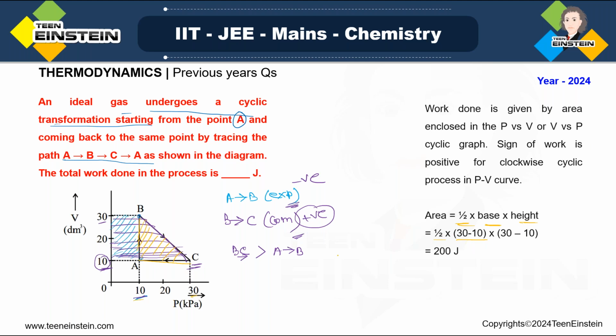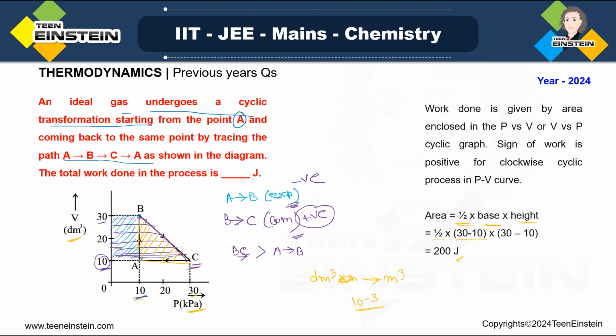Now here try to understand the unit. Here dm cube, if you convert dm cube to meter cube, basically we multiply with 10 to the power minus 3, right? And kilopascal, if you convert it to pascal, then you have to multiply with 10 to the power 3. So this 10 to the power minus 3 and 10 to the power 3, these two will be cancelling each other.